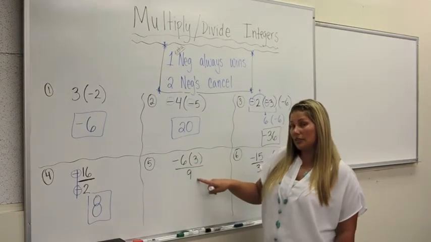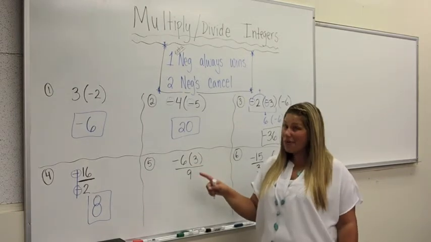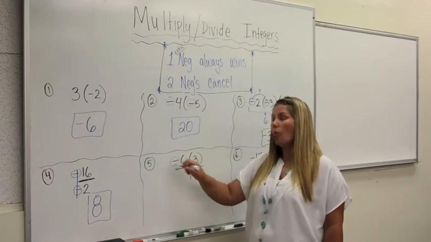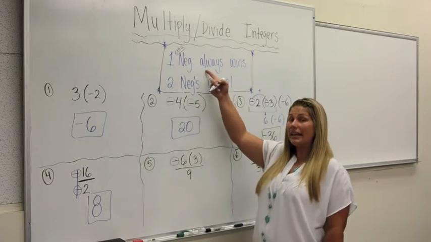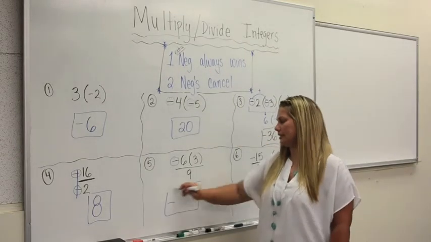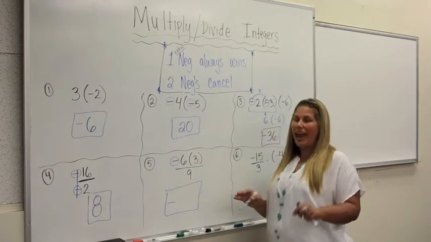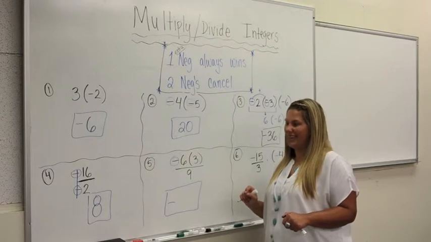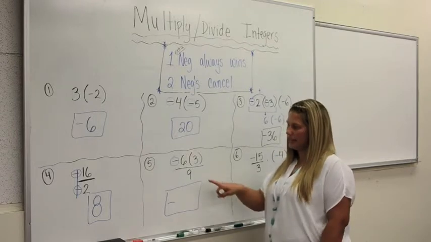So all of this is multiplying and dividing, and how many negatives do I have in this whole problem? Well, I only have 1, and 1 negative always wins. So I'm going to put a negative down here in my answer box before I even do any work, because I know my final answer is going to be negative. Now all I have to worry about is the multiplying and dividing.